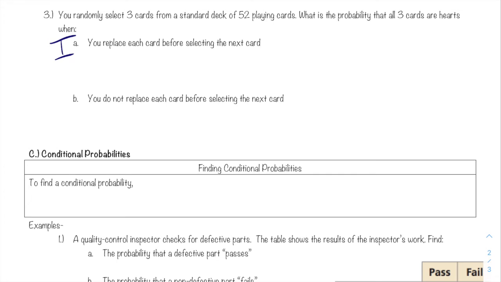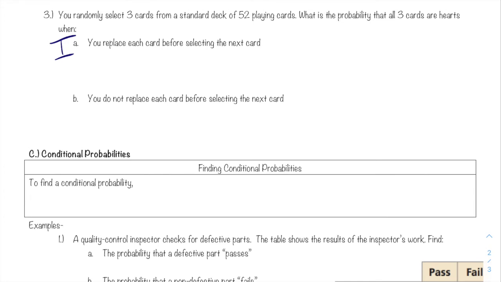Now, you have to know something about cards here. There are 52 playing cards, but there are 13 of each suit. Since there are 4 suits, hearts, clubs, diamonds, and spades, 52 divided by 4 is 13. There are 13 of each suit.